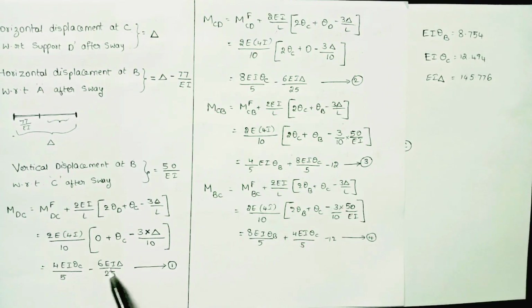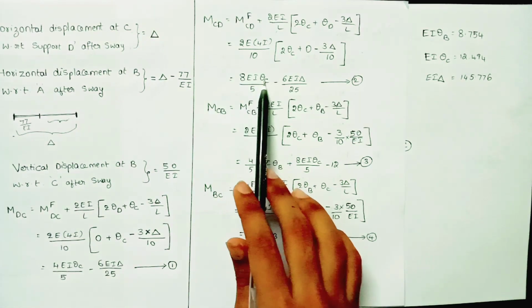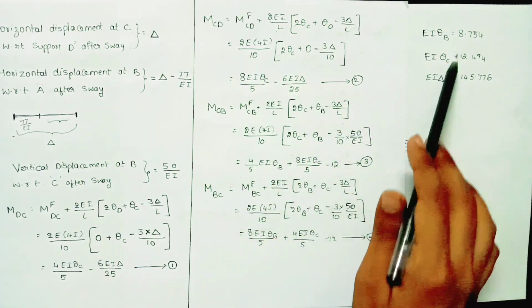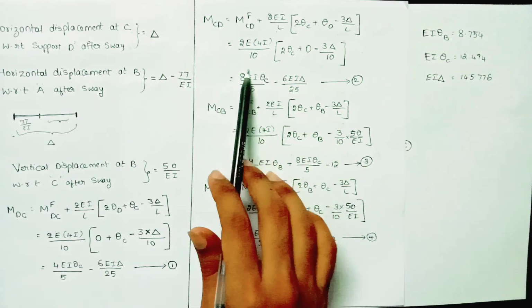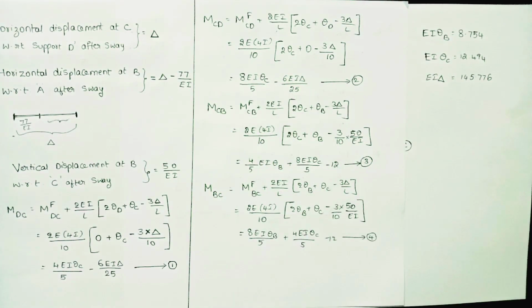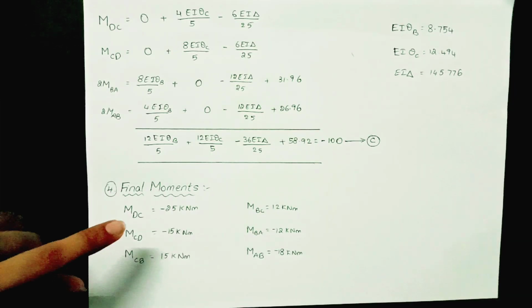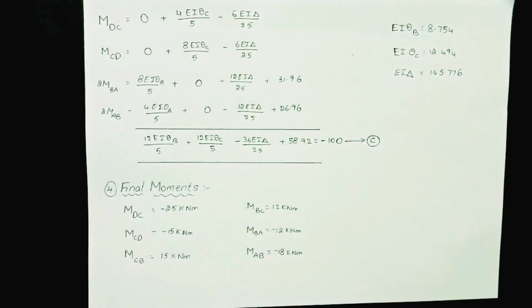On substituting both values you will get MDC. Similarly substitute the EI theta C and EI delta values here to get MCD. Similarly substitute all the values and calculate the final moments. These are the values I obtained after substituting in the step 2 equations: MDC, MCD, MCB, MBC, MBA and MAB.